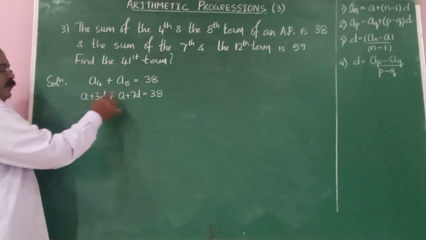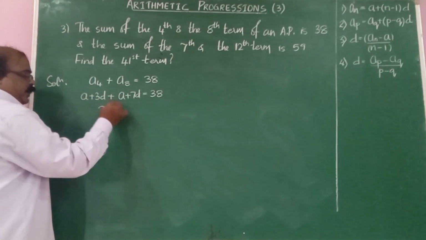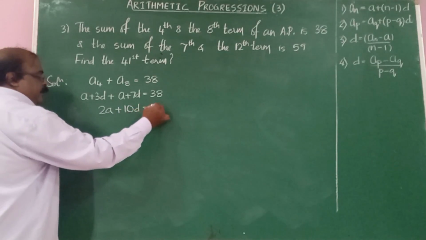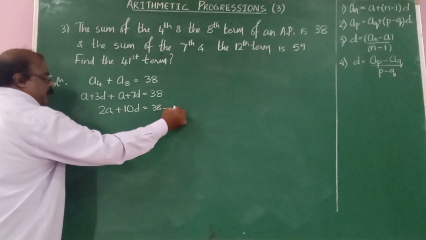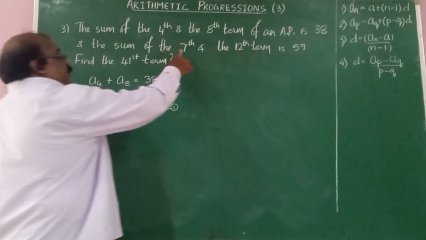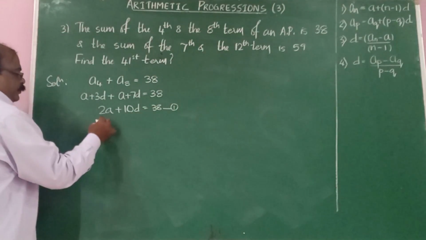So you get 1A plus 1A, 2A, 3D plus 7D, 10D is equal to 38. That's equation number 1. We go to the second equation, the 7th and the 12th term.